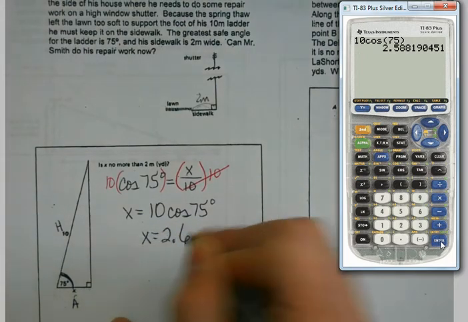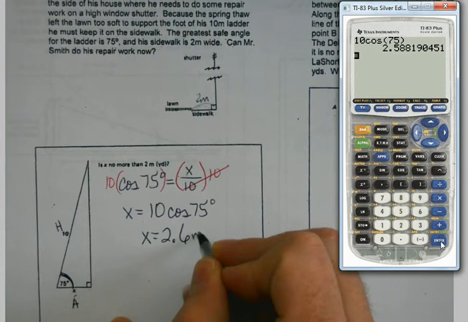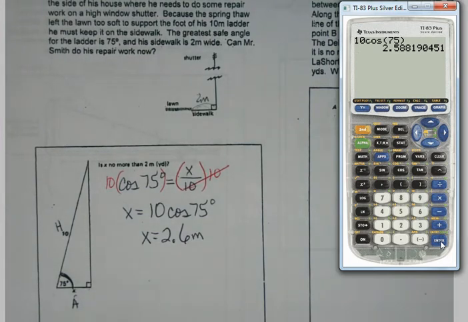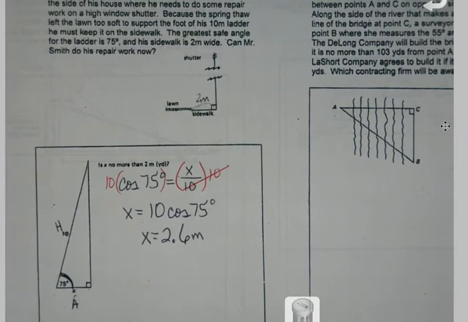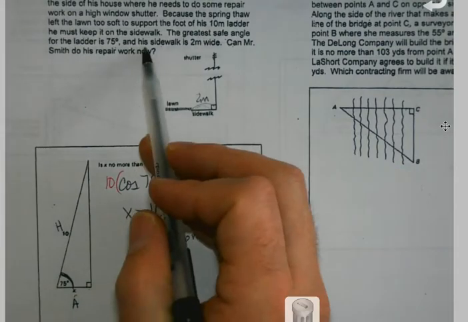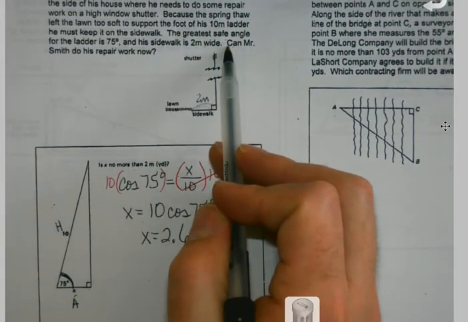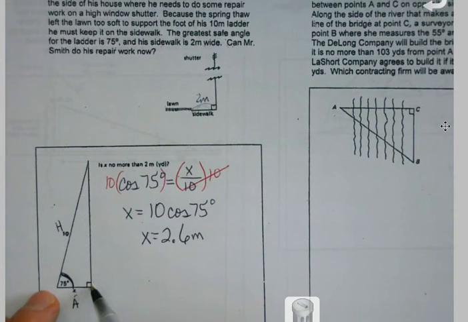So here's my problem. Well, actually, it's Mr. Smith's problem. It's not mine. Is this going to work out for me or isn't it? The sidewalk is 2 meters wide. Well, if it has to be 2.6 to get here, yeah, that's a little bit of a problem.